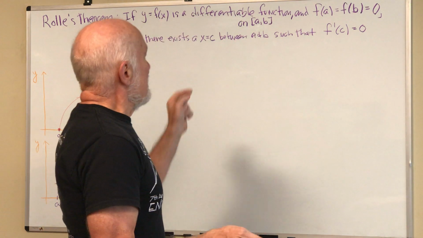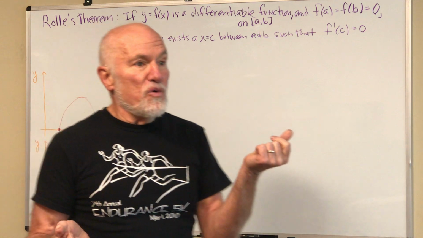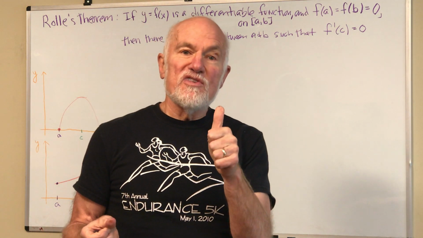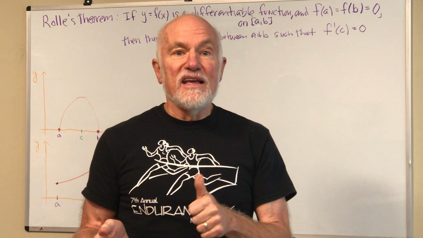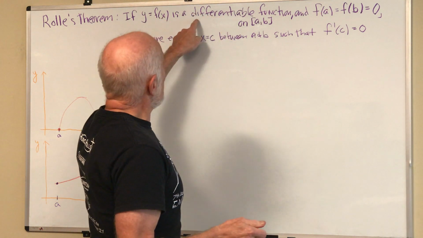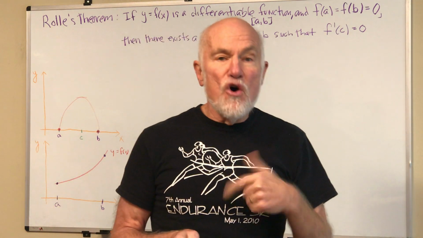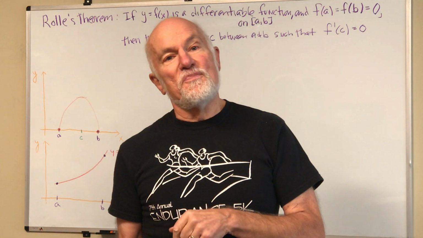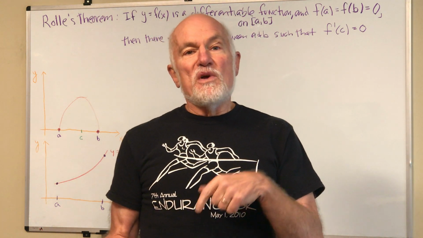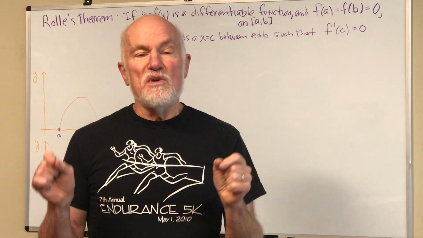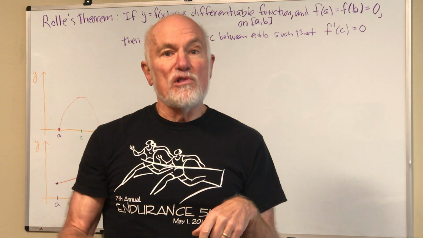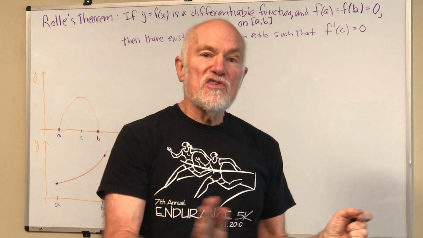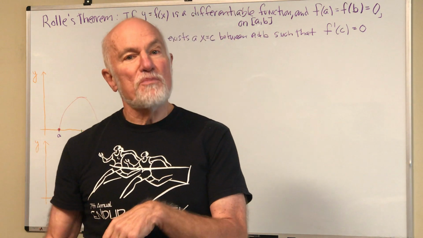So that means we've also shown that local maxes only happen when the derivative is 0 or undefined. And that's where this comes in, that this is a differentiable function. So we know there's no places where it's undefined, which means it must happen where it equals 0. So now we know that there's some place in there where the derivative must be 0, where that local maximum or local minimum is.